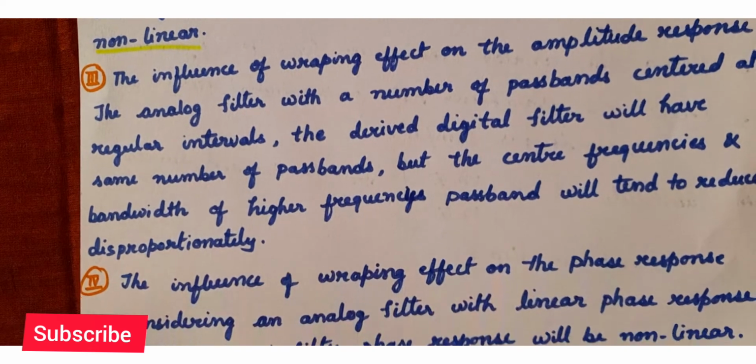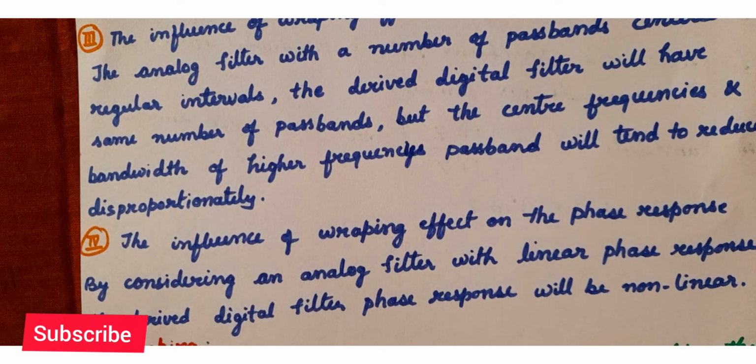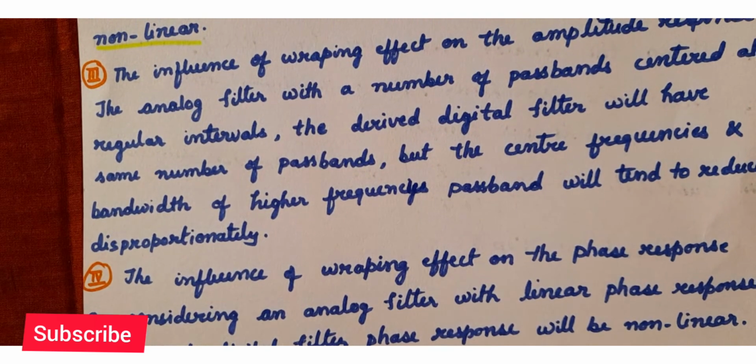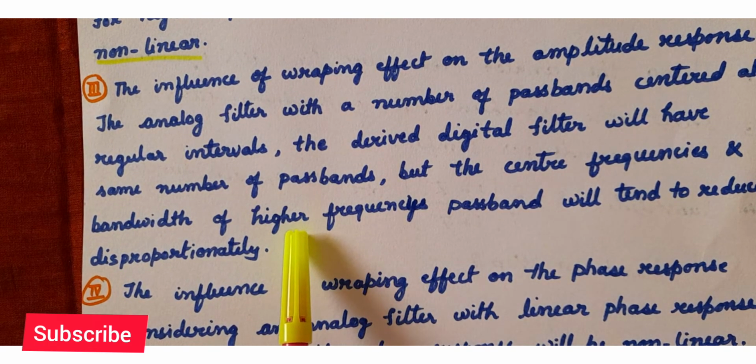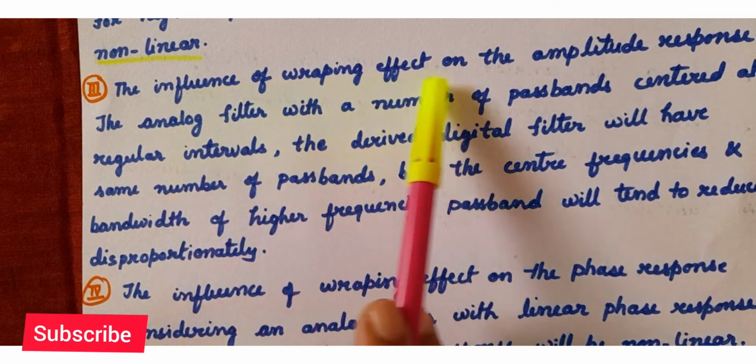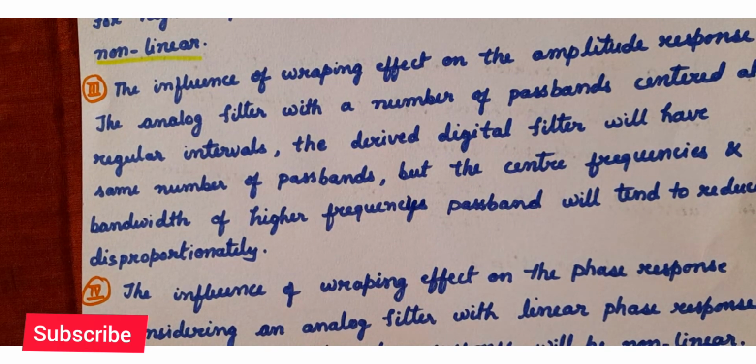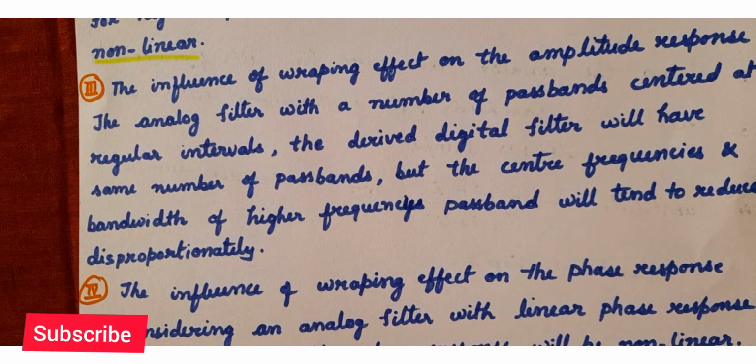Third point, the influence of the warping effect on the amplitude response. We have seen this in the previous class with the help of a graph. We considered an analog filter with a number of pass bands centered at regular intervals.